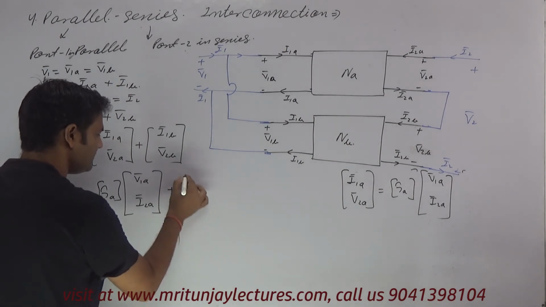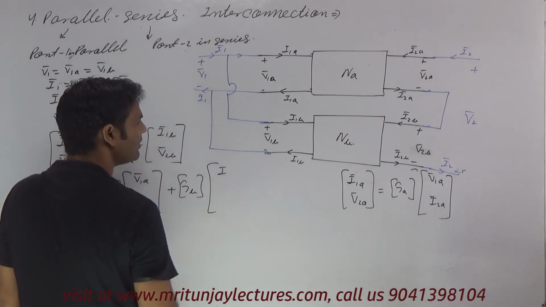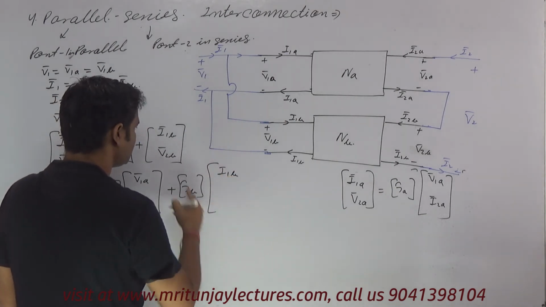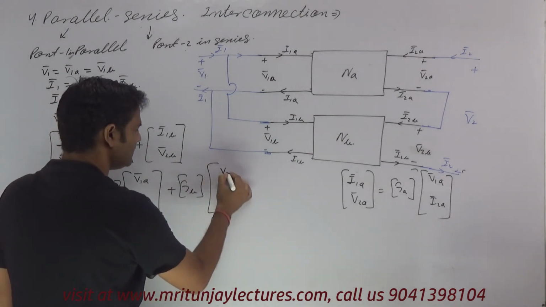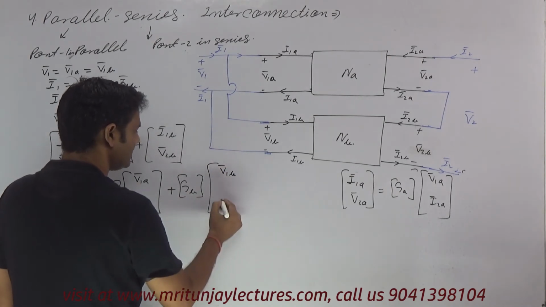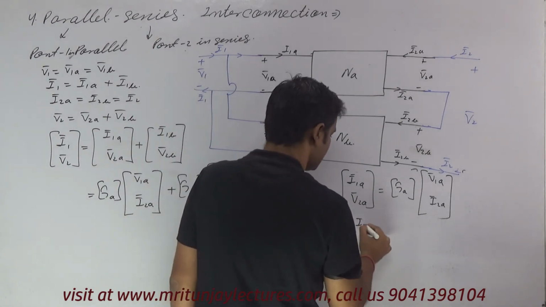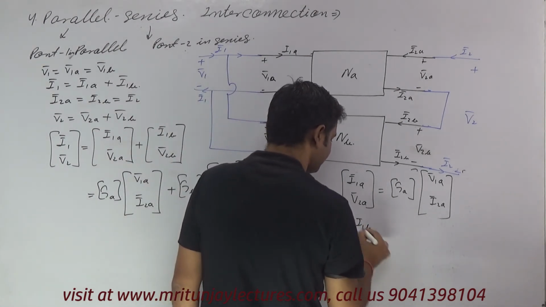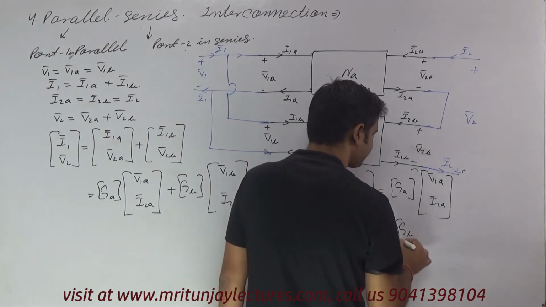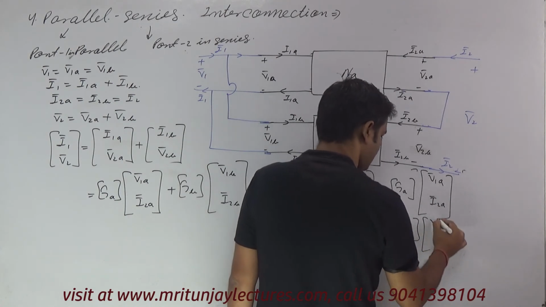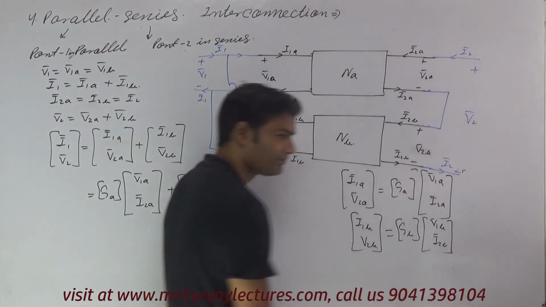Similarly, that is GB, that is I1B, and this one is also written as V1B, and that is I2B. Okay, if any doubt, then make I1B and that is V2B. Okay, it is written as GB, and here V1B and I2B. Very simple.